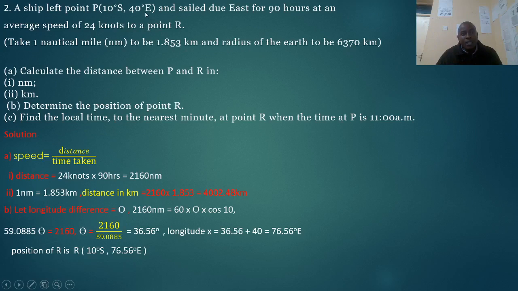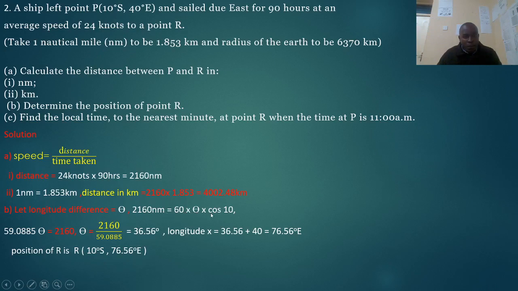Now, that means for the longitude difference, you are supposed to subtract. So let's call the longitude difference theta. Therefore, the 2160 nautical miles that we have got equals 60 times theta times the cos of 10, because the latitude is 10.